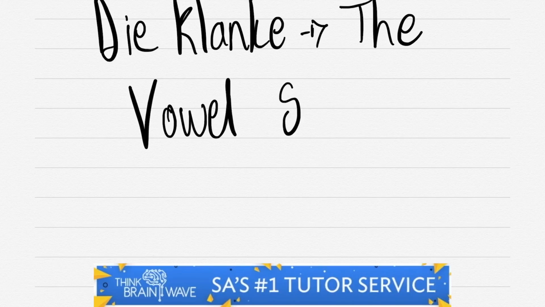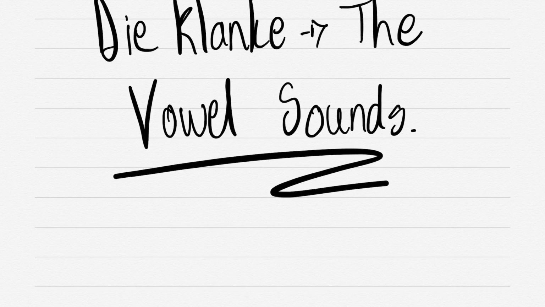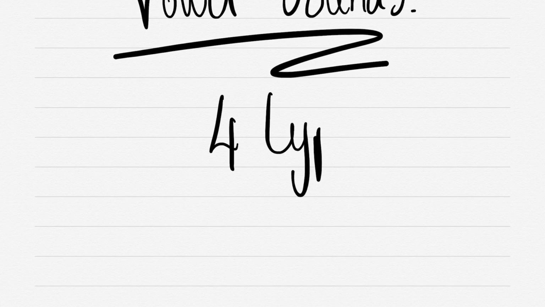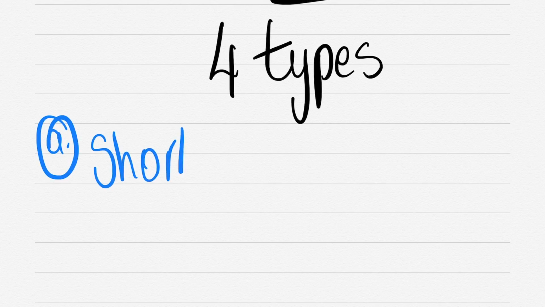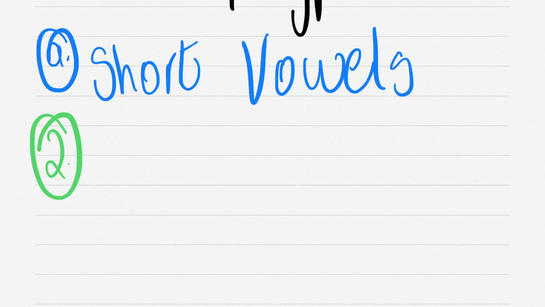In this video we'll be discussing die klanke, or the vowel sounds. It's very important in Afrikaans that you understand what the different vowel sounds are so that you can pronounce your words correctly. It's very important that you know how to pronounce words and enunciate correctly in Afrikaans, especially when you're doing your mondelinge or your speeches.